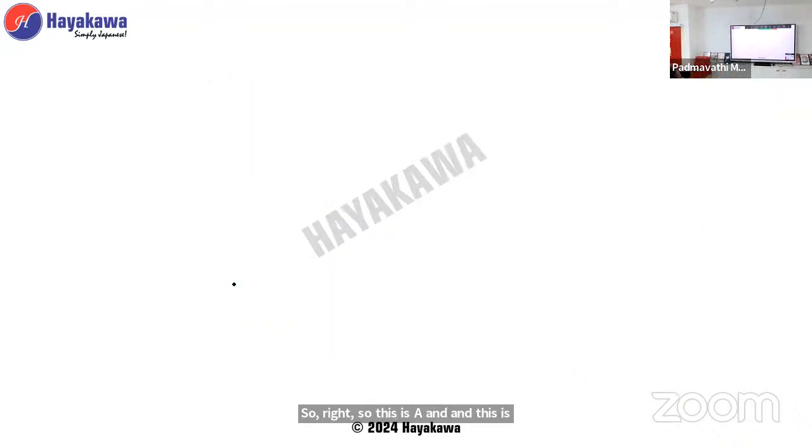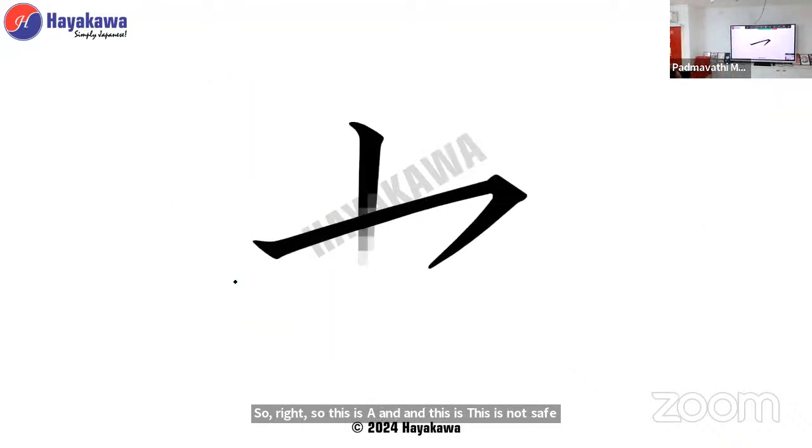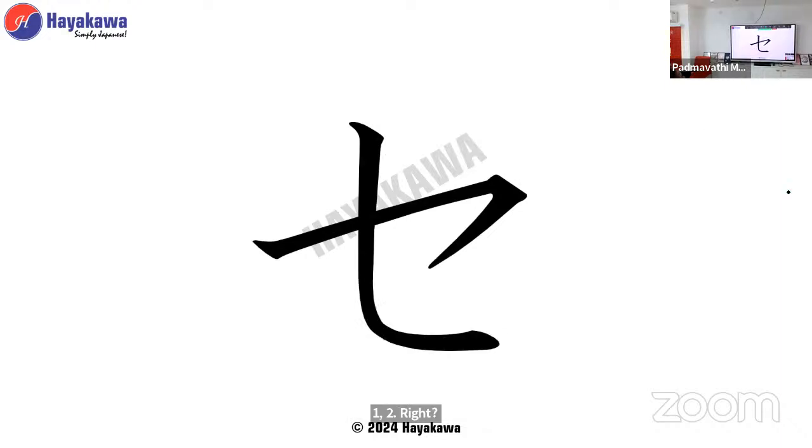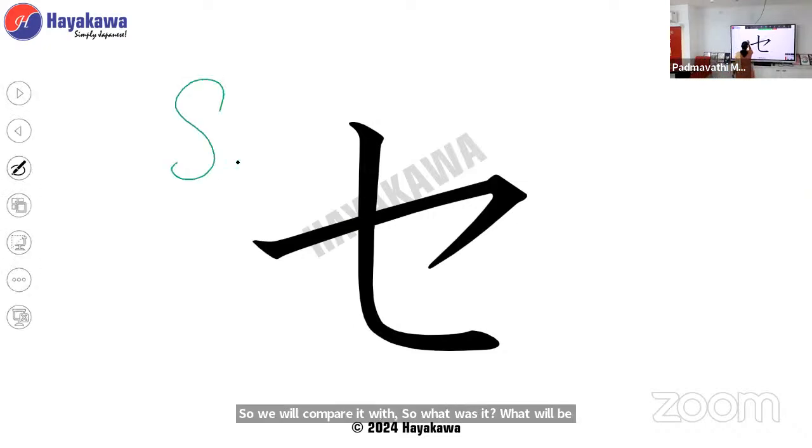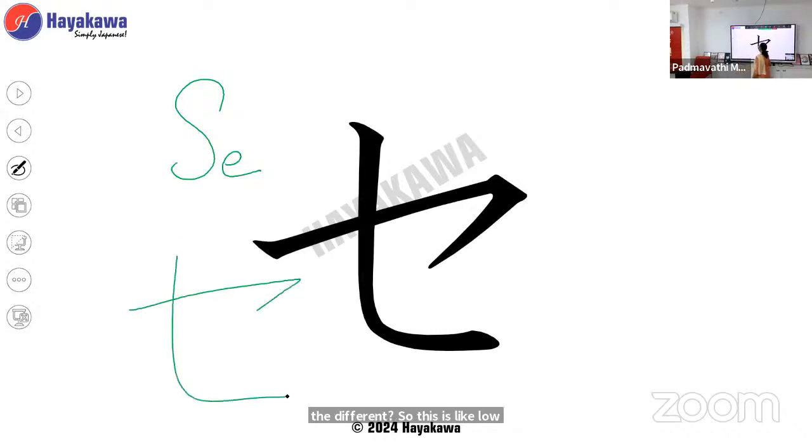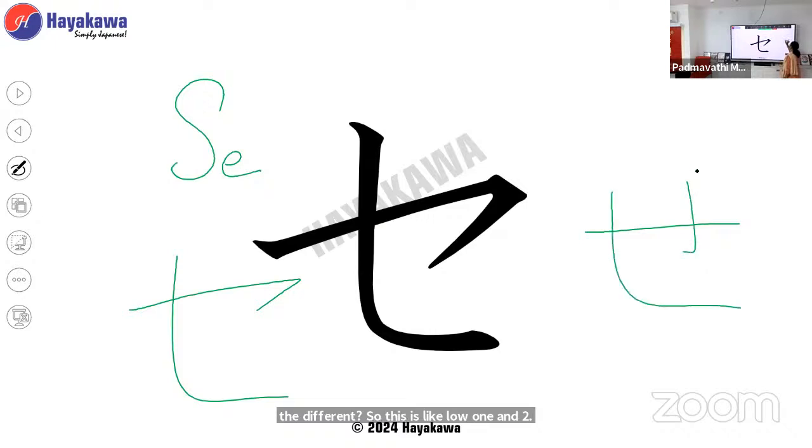Next is se. One, two, right? So we will compare it with hiragana se. What will be the difference? This is like one and two. Hiragana se, do you remember? This part is separate: you have a straight vertical line and then it is connecting.